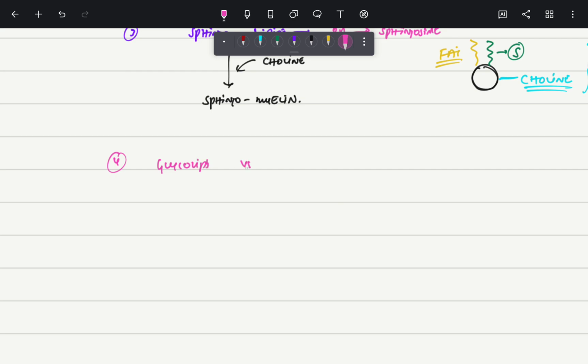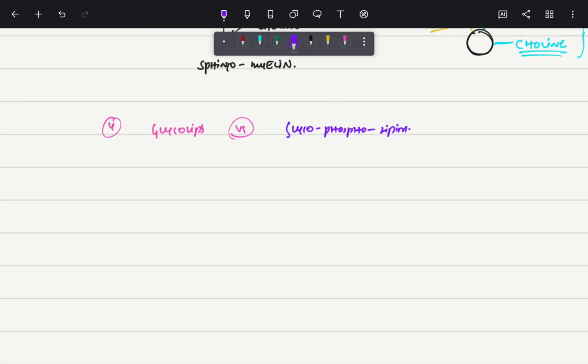And finally we have glycolipids versus glycophospholipids. In glycolipids we have a carbohydrate, and to this carbohydrate there are lipids, which are your fatty acids.